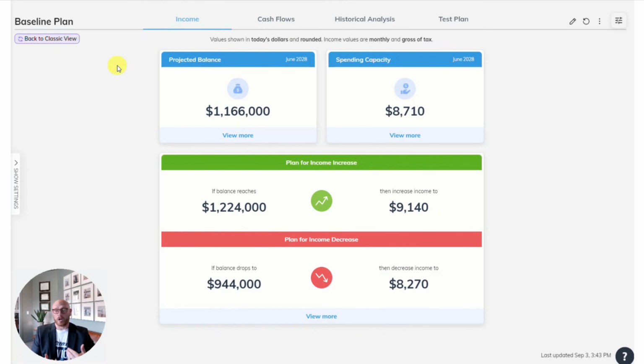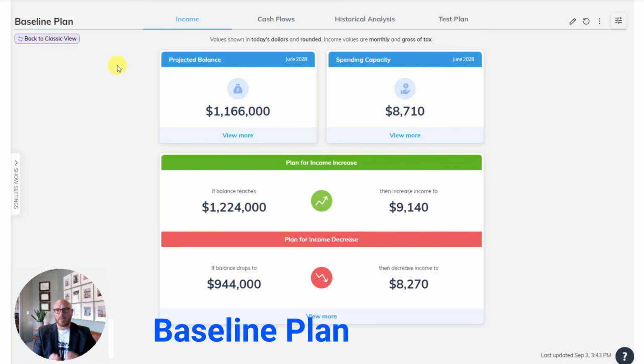Now that we've gotten to know our retirees a little bit better, let's jump into the software and see where they stand financially in their preparation for an early retirement. I like to call this initial assessment a baseline plan.